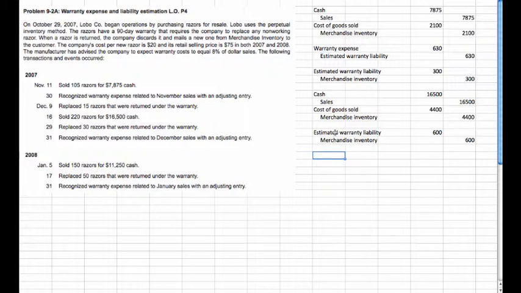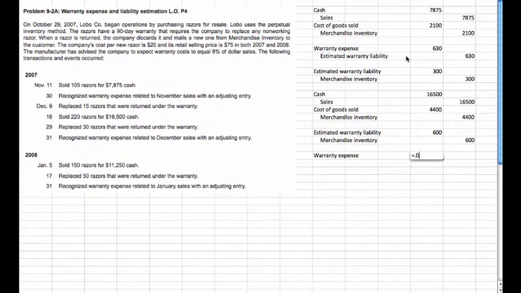Now the next journal entry on the 31st of December says recognize warranty expense related to December sales with an adjusting entry. So once again, it's a similar journal entry to the one up here. We're going to recognize the warranty expense and recognize the liability. So we're going to debit warranty expense. The warranty expense is going to be 8% of the sales again.